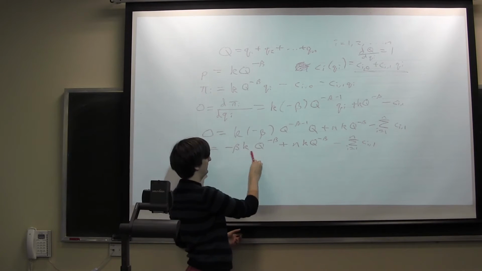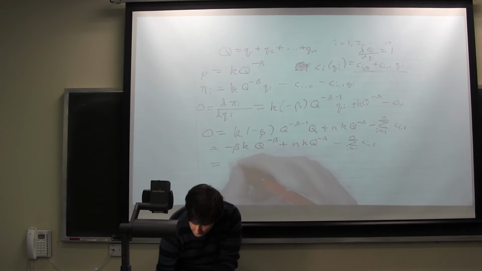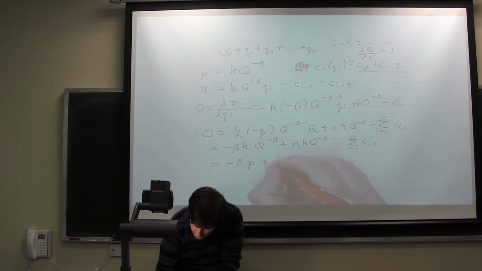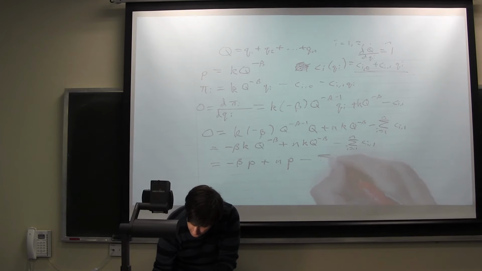So what's this thing? Price. Yeah. So we can simplify a bit more. So this is minus beta times the price plus n times the price again minus the sum of marginal costs.